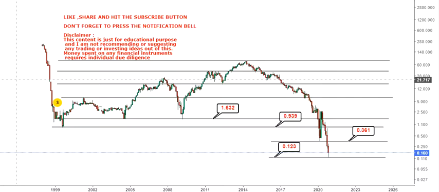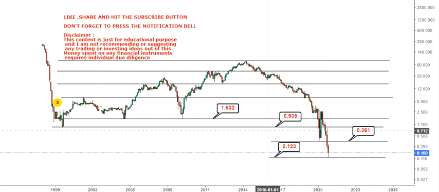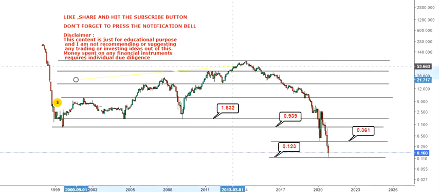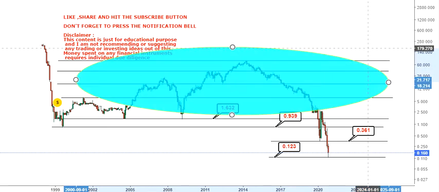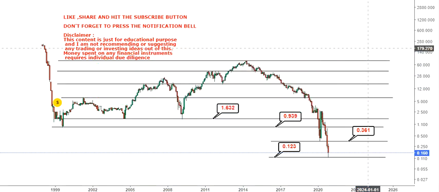Apart from that, you will see that if the stock, so this is conditional, if the stock manages to hold above $1.6, what will happen is that your old trading range, which was this, the highlighted section, okay, this is the highlighted section, will get activated. Okay, only if the stock starts trading above 1.6.